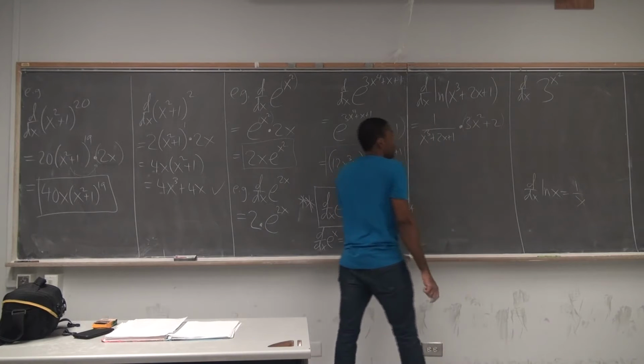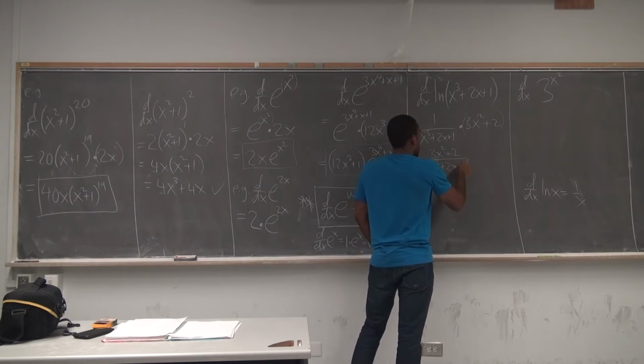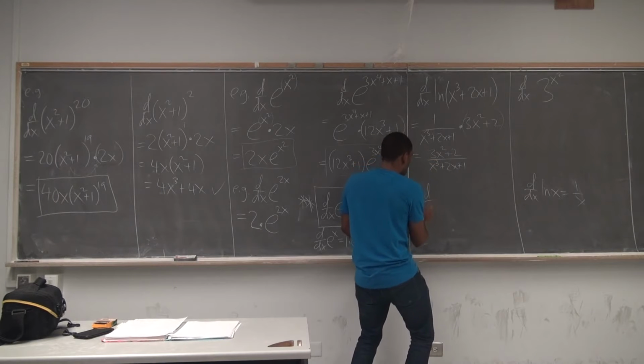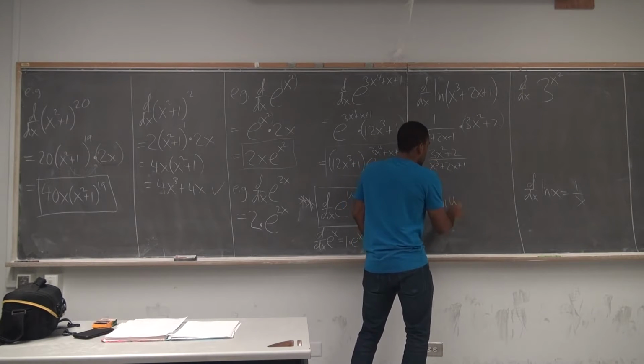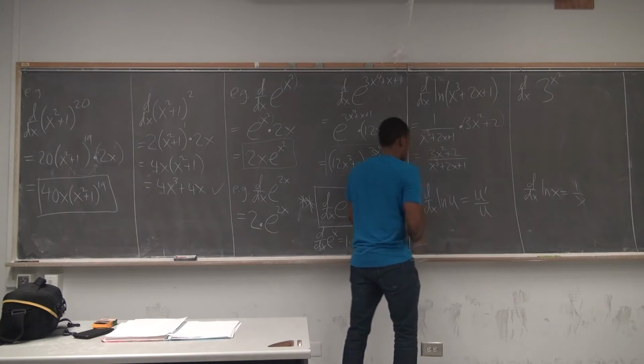Or in other words, I can write that as 3x squared plus 2 over x cubed plus 2x plus 1. This gives us another general rule for the logarithm. To differentiate ln of u, the answer is going to be u prime divided by u.